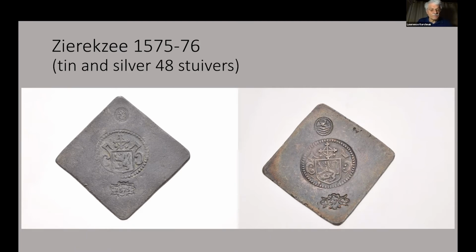At any rate, when he died, these pieces were struck during the siege, and Philip's half-brother, Don Juan, was placed in charge of the Spanish troops. Feeling cheated, not being able to pillage the city, the soldiers mutinied and began a campaign of indiscriminate plunder and violence. And the Dutch partisans referred to this as the Spanish Fury.